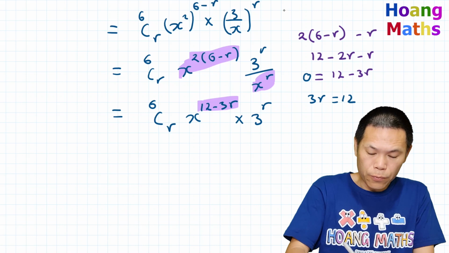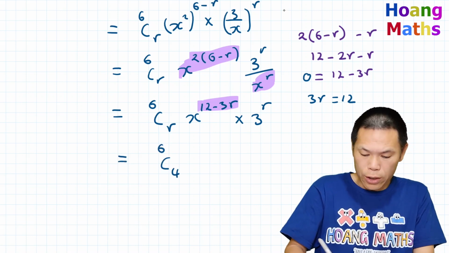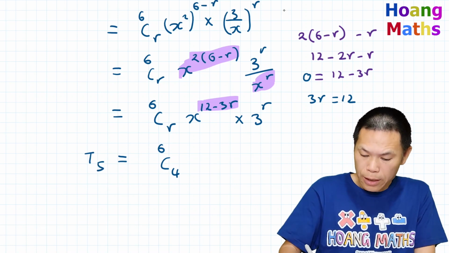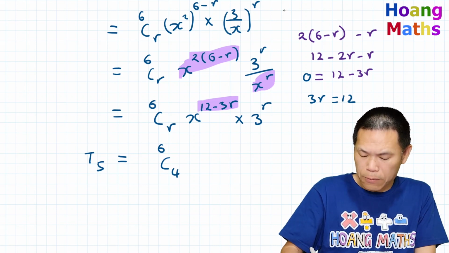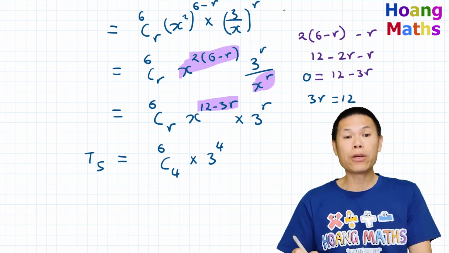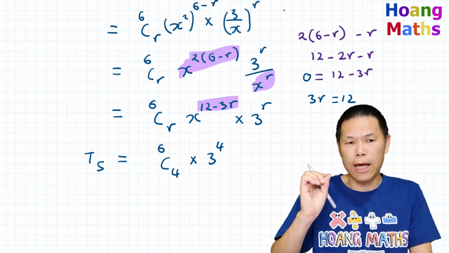So therefore, that is equal to 6 C4. That is the fifth term. Keep that in mind, T of R plus 1. So x power of 0 we can ignore now, so times by 3 power of 4. There you go, that is the constant term. So I just work it out by using a calculator.